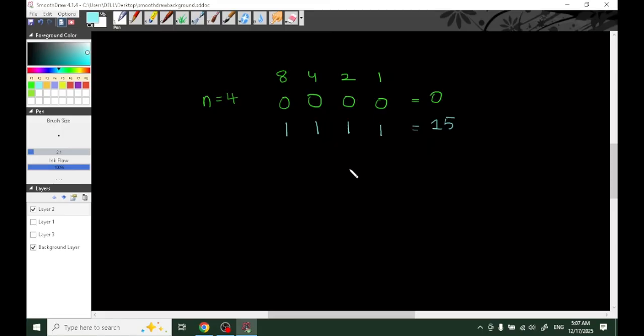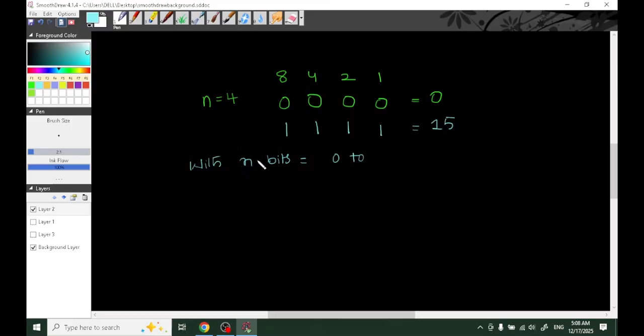So friends, please note, with n bits, how many different numbers can be represented, starting from 0?